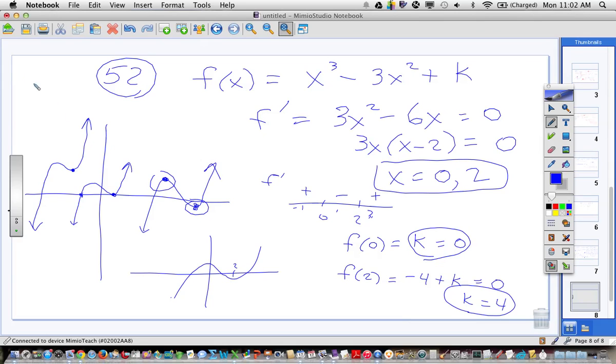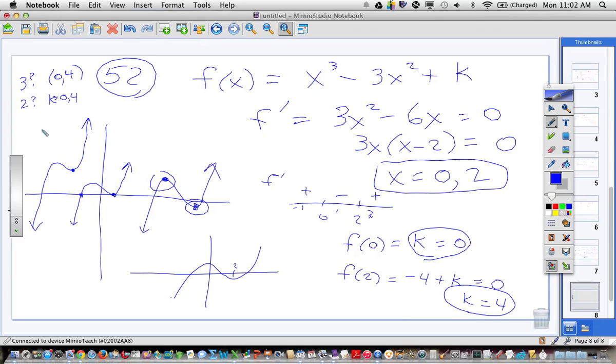So it wanted to know, what values of k will I have 3 x-intercepts? When k is between 0 and 4. When will I have 2 x-intercepts? When it's exactly 0 or exactly 4.